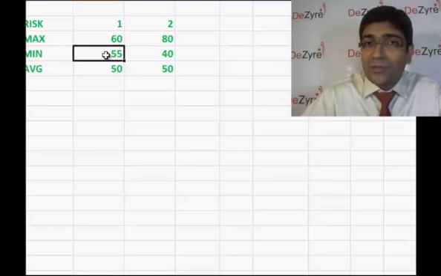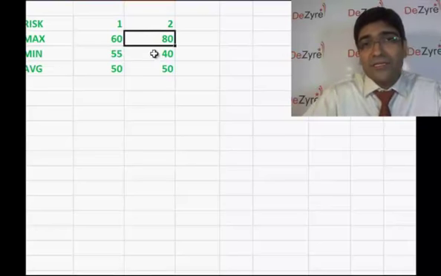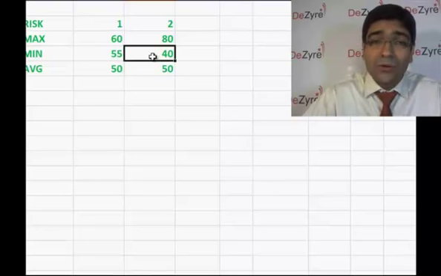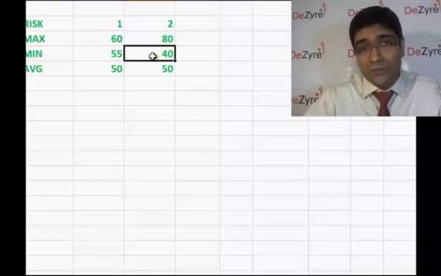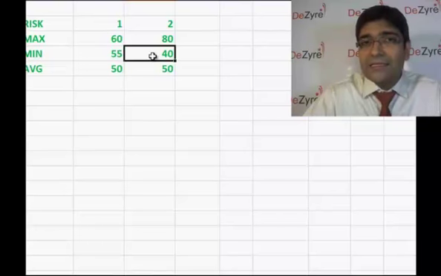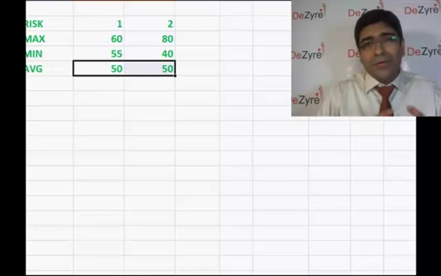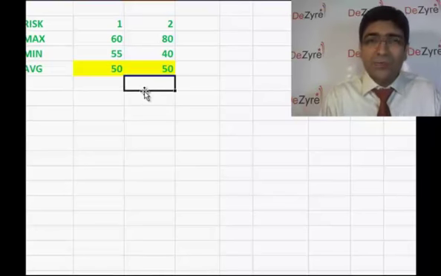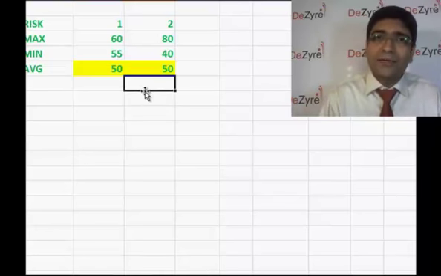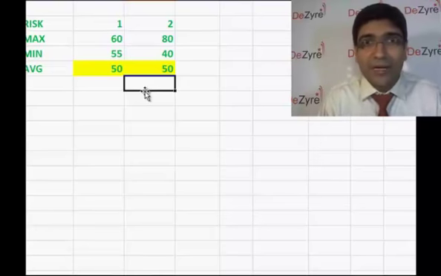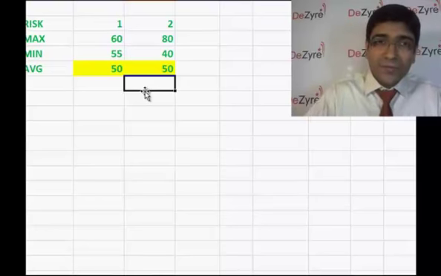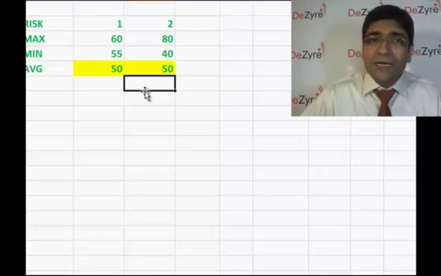Whereas in class 2 the maximum is 80, and there are students performing so badly that the low is also 40, and there could be many students who have failed, and the average is still the same 50. So when you look upfront, both the classes look identical, and you might say both classes are performing well and will get the same marks in the board exams. But we know here that class 1 is more stable, and hence I will bet on class 1.